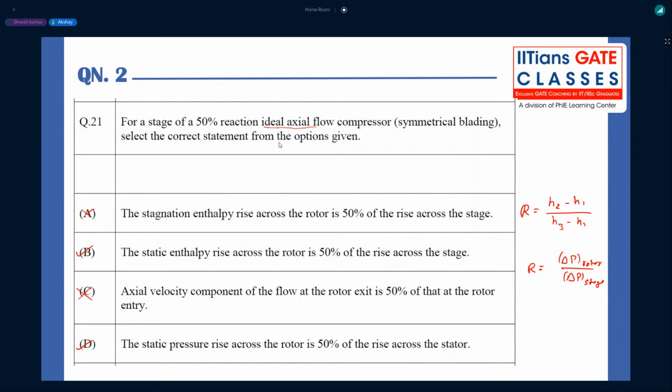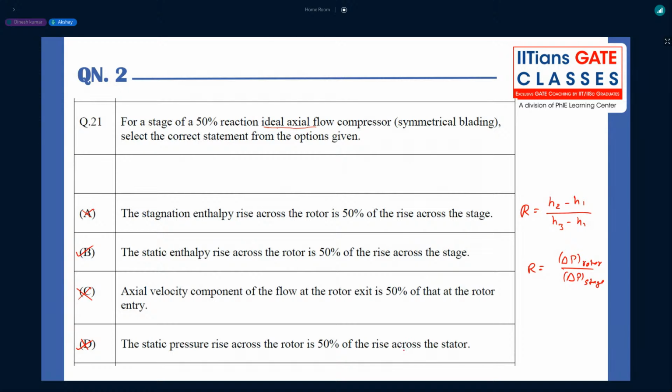I'm getting their point. The statement says the static pressure rise across the rotor is 50% of the rise across the stator, not the stage. I got it. This is wrong because of the statement they are saying, 50% of the rise across the stator.